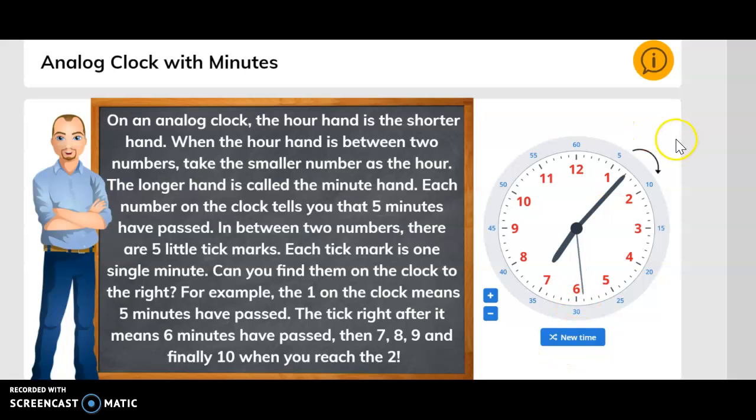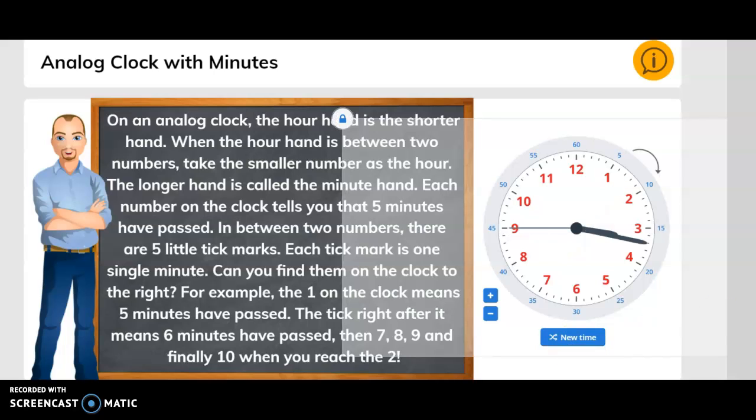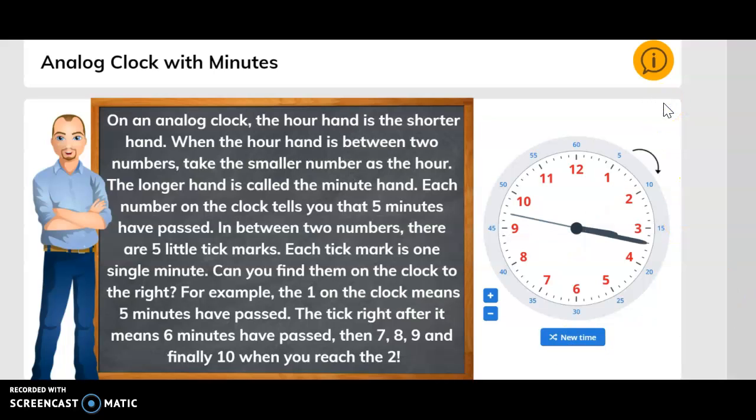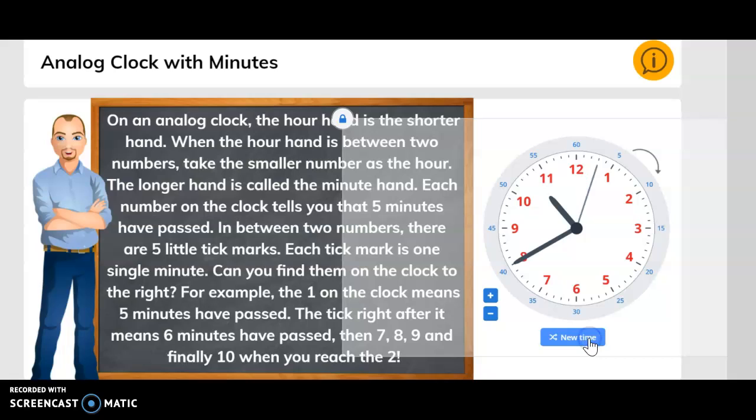What time is it on this clock here? If you got 7:07, you are correct. What about this time? If you got 3:17, you are correct. What about this time?